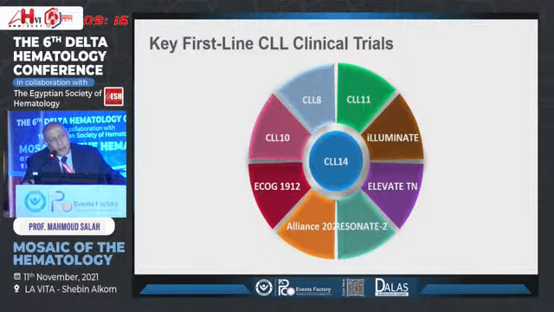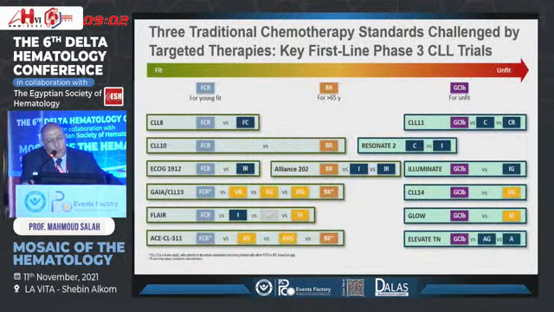This is the key first-line CLL clinical trials. We have many trials addressing the frontline therapy for newly diagnosed patients with CLL, and the standard chemotherapy protocols. We have the FCR for young fit patients, bendamustine rituximab for elderly fit patients, and Gazyva chlorambucil for elderly and unfit patients.